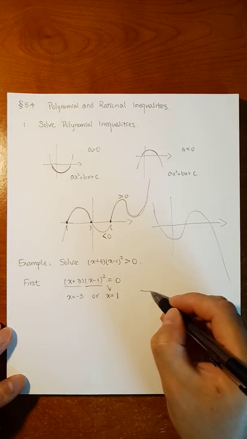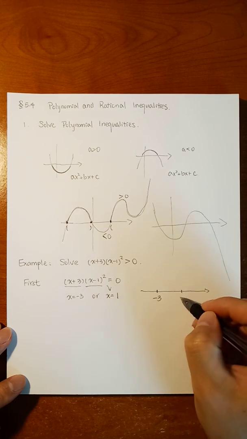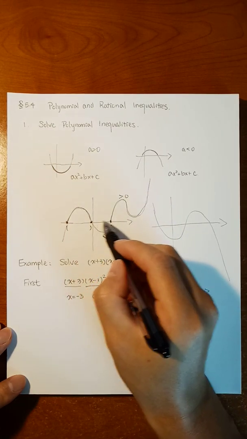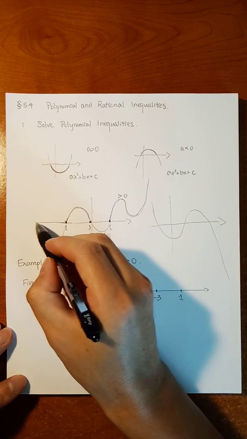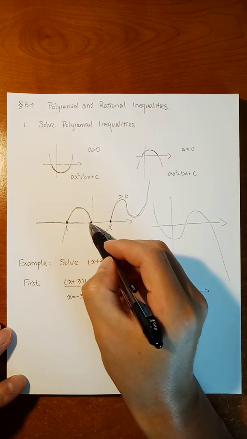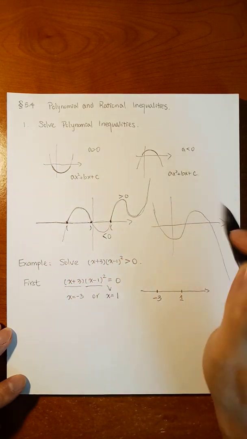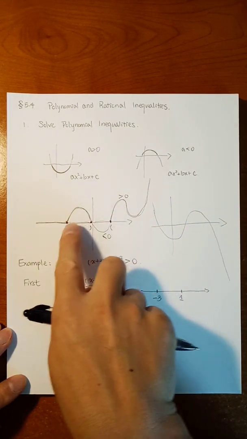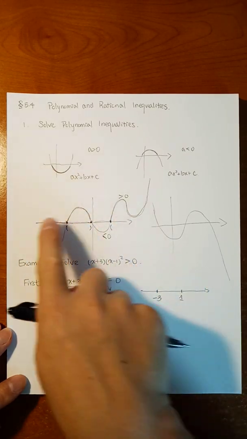Two solutions, negative 3 and 1. You see, if you have three zeros, then you will get this left branch, the middle branches, and a right branch. So for this graph, if you have 3 zeros, you get 4 intervals.